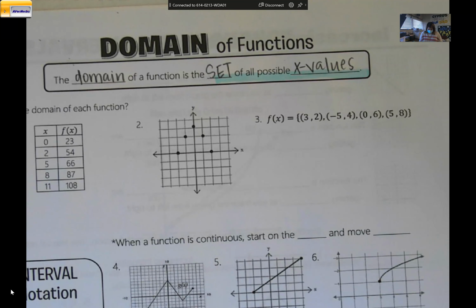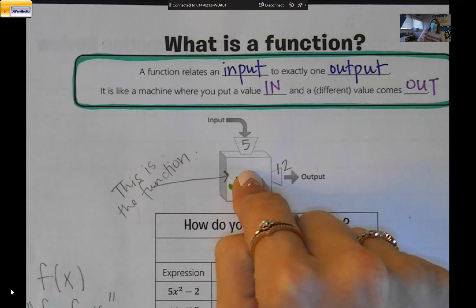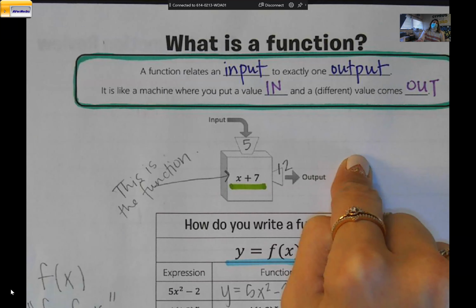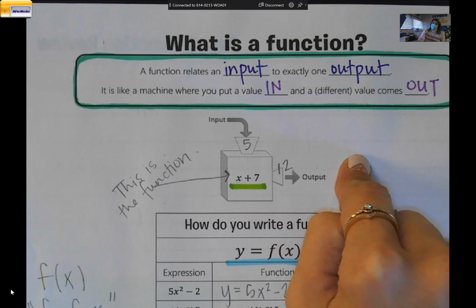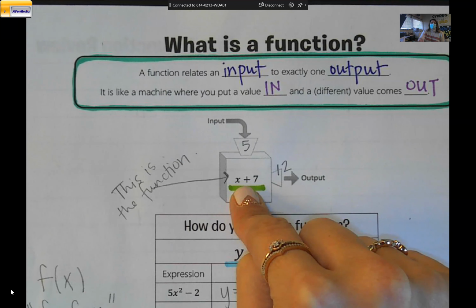Well, just like we talked about on the evaluating functions page, we put a number into a function and get out a different number. But sometimes you put a number in the function and your calculator gives you an error.